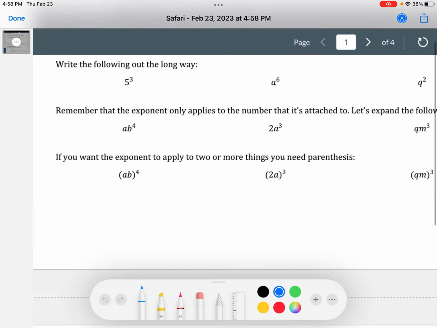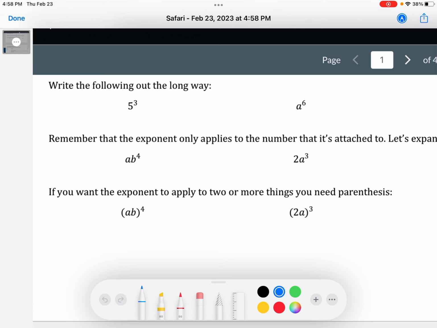The number 3 right here tells you how many times you repeat this guy, which is the base. So 5 to the 3rd means we write 5 out 3 times with multiplication signs in between. A to the 6 means we copy and paste A 6 times with multiplication signs in between.